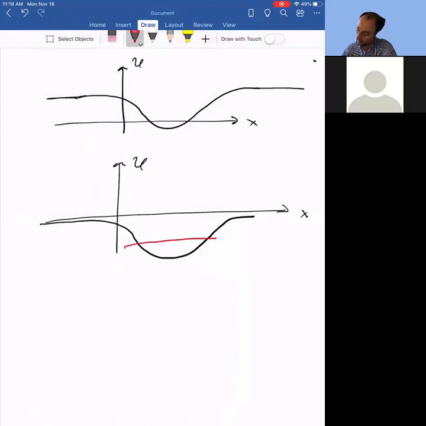So if your energy is below the potential energy at infinity, then you would have bound motion classically, or a wave function that corresponds to a bound state quantum mechanically.